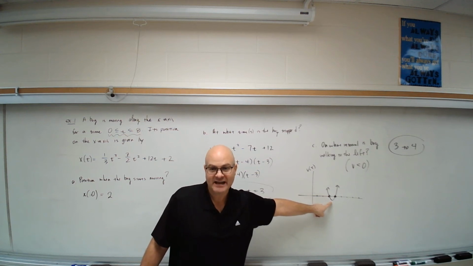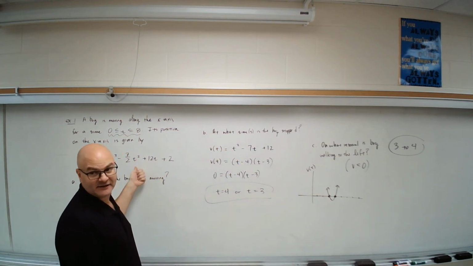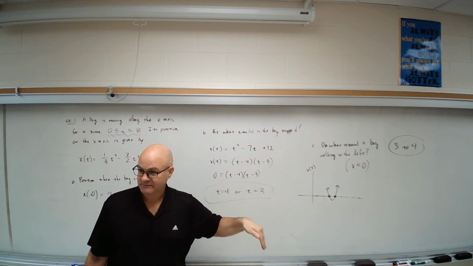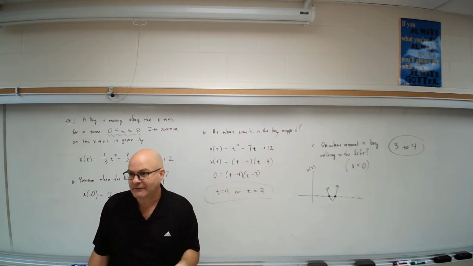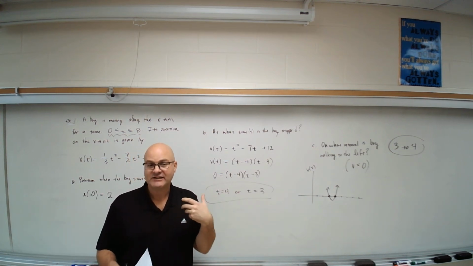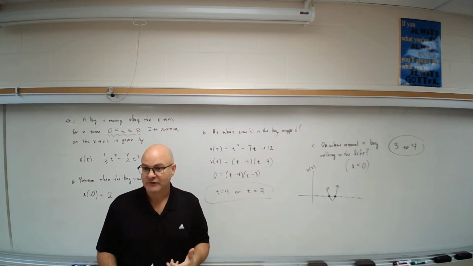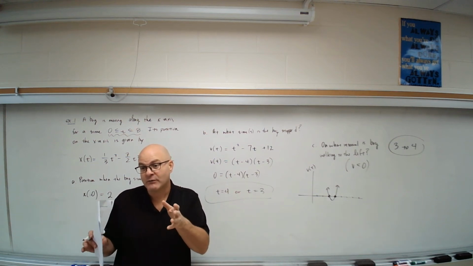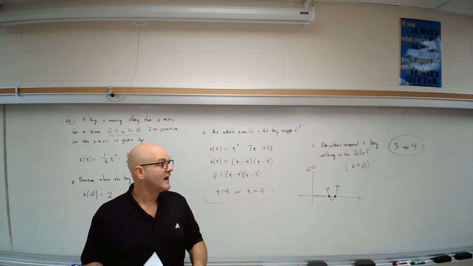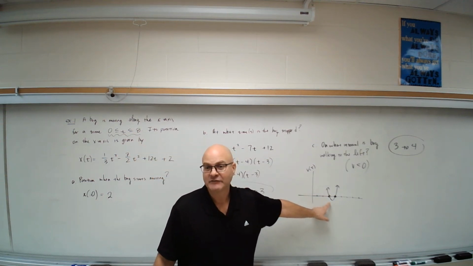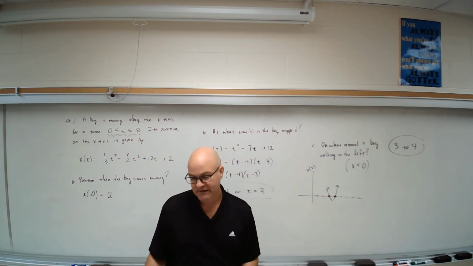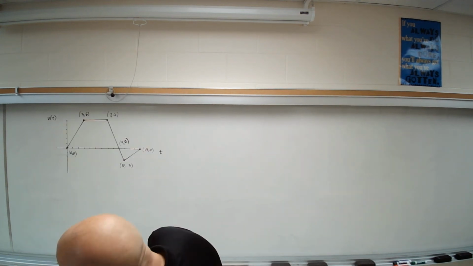Its derivative is negative, so this must have had a negative slope there. It doesn't mean the position is negative or positive, it just means that it's changing in the negative direction. So it has a negative slope for the original position function. The velocity function would just be negative, just below the x-axis. That's how we can do that.